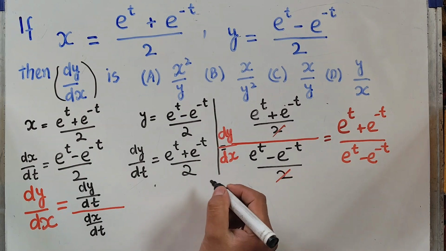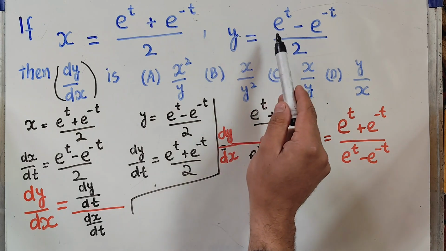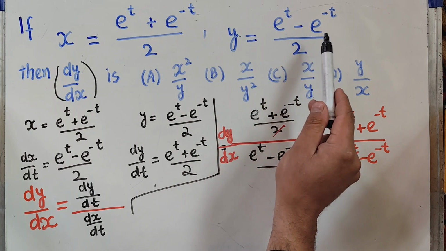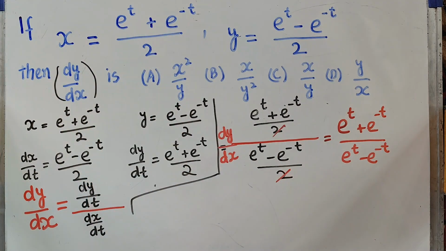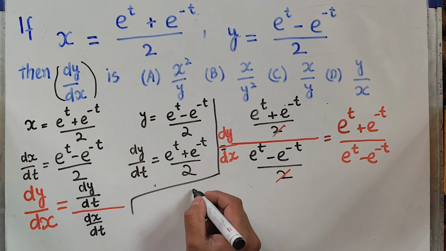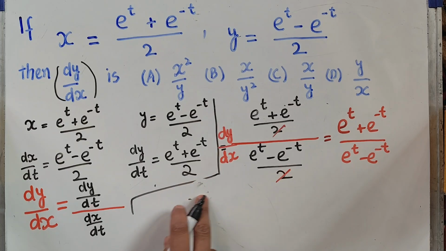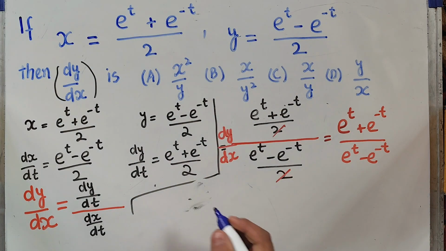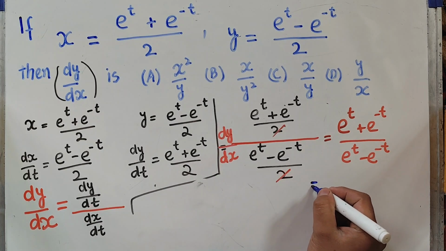If we can see here, y is equal to (e^t - e^(-t))/2 and x is (e^t + e^(-t))/2. So can we write x divided by y? I guess if I divide these two terms, what will we get?